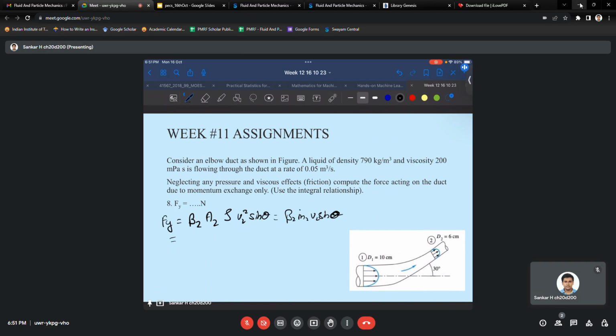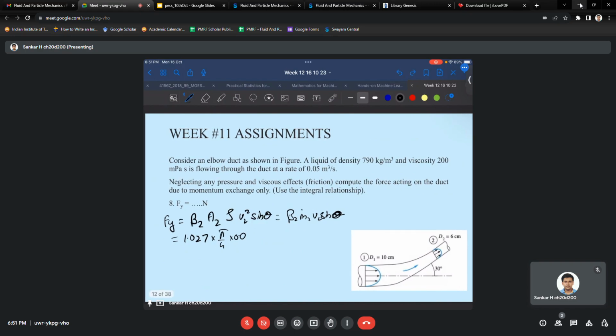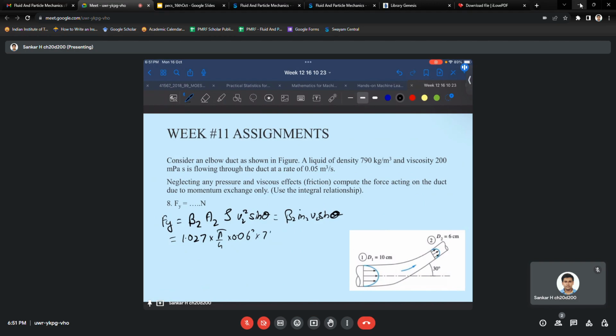And if we substitute the values, we'll be getting 1.027 times pi by 4 times 0.06 square, times 790 times sine 30. I'll give you a minute to quickly calculate.